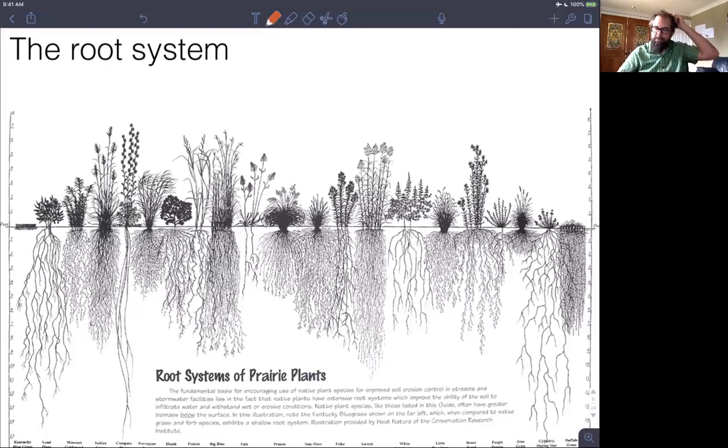And we'll go through this a little bit more. But I love this image, and I put this up mainly to show you that in the plant, the root systems can make up more than 80% of a plant's biomass.